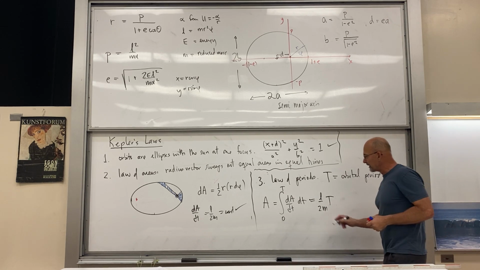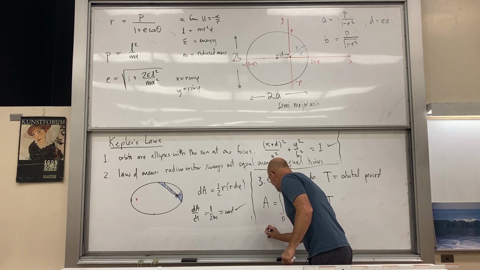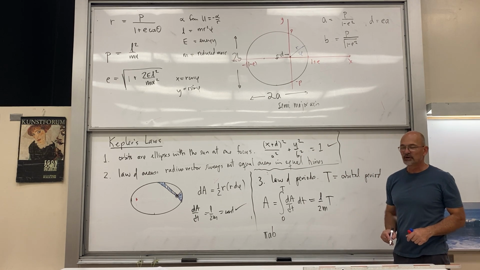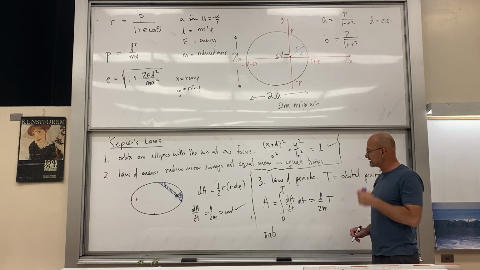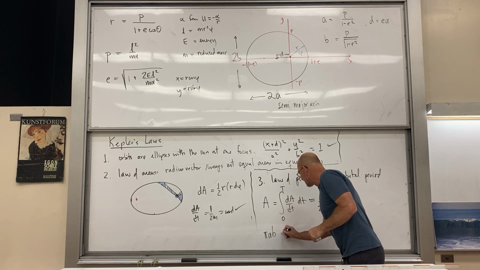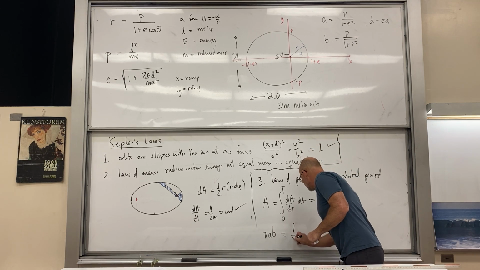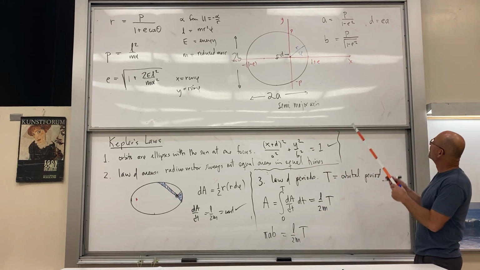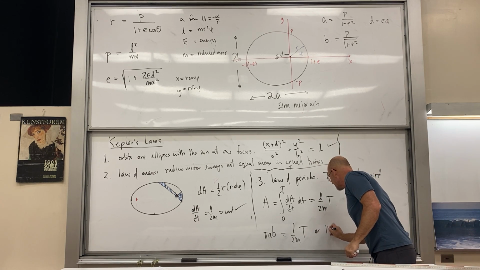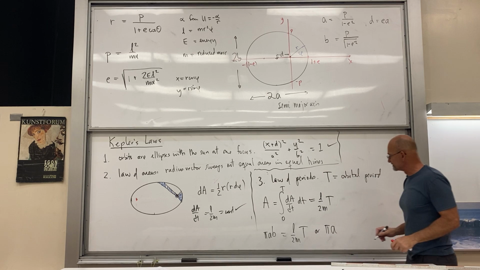Simple enough. But the area of an ellipse is pi times a times b. You guys should prove that too. That's a simple little calculation. The area bounded by an ellipse is pi times a times b, and that equals L over 2m times T. Now we're going to make use of some of these expressions up here. Pi times a.